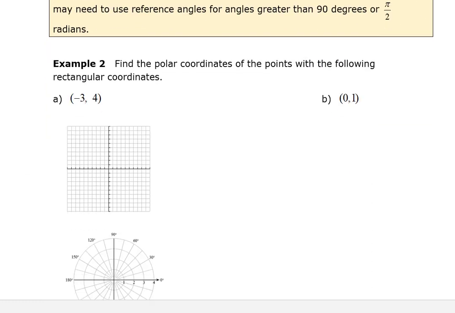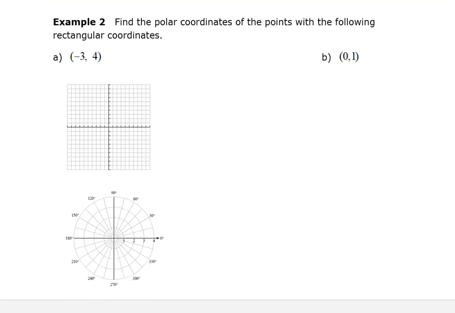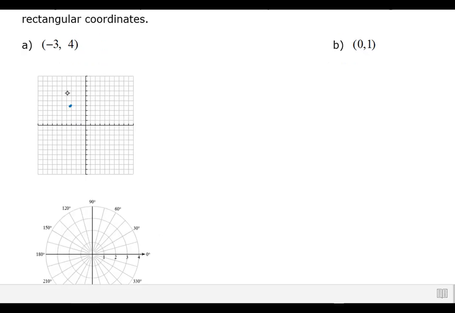I'm going to jump right into example 2. And the first thing we want to do is plot the point negative 3, 4. Right, so having plotted negative 3, up 4, what we can do is find r. We know that r is equal to the square root of x squared plus y squared.